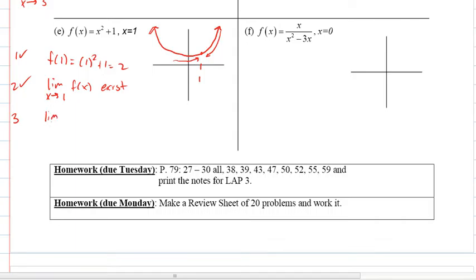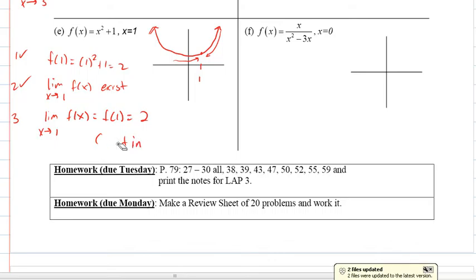So the limit as x approaches 1 of f of x is also equal to f of 1, which is 2. So continuous. Alright.